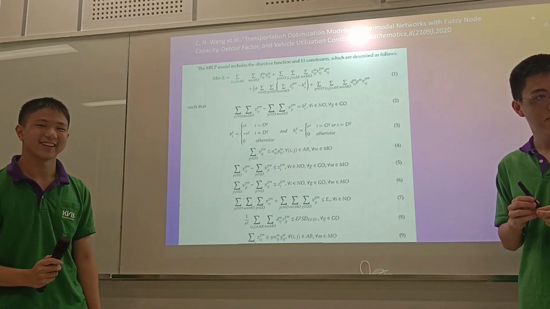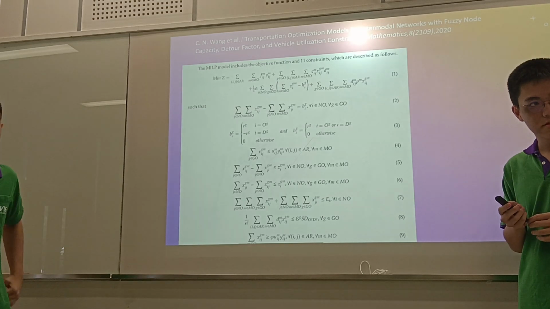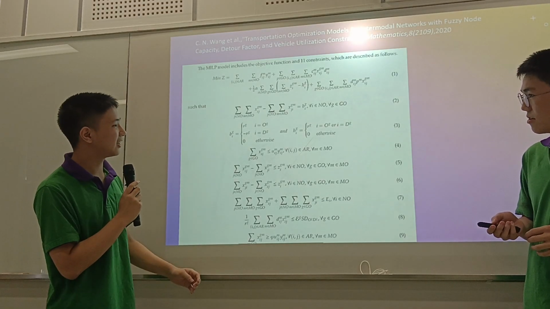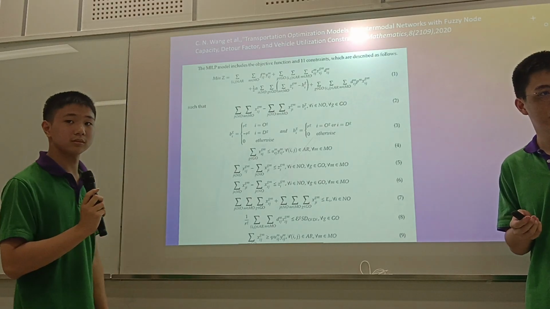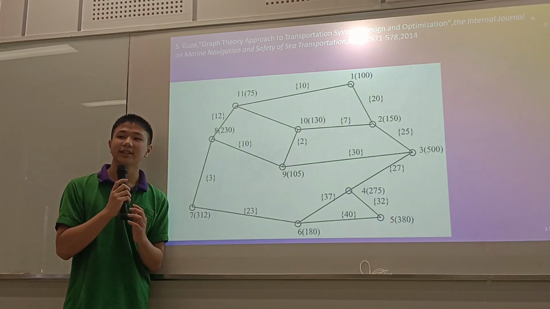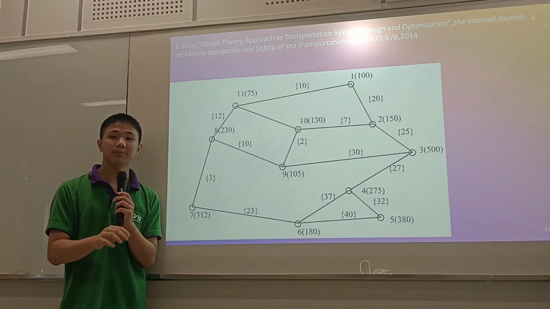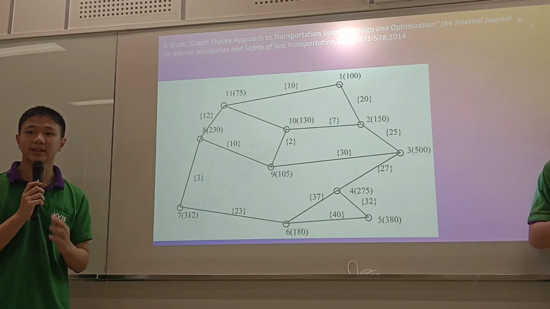Can you also explain more about the graph theory regarding your research? Okay, graph theory. Which page? Next slide. Okay, so there are some stations that have the products, and we need to ship them to other destinations.